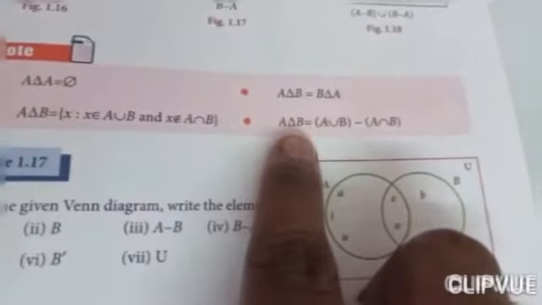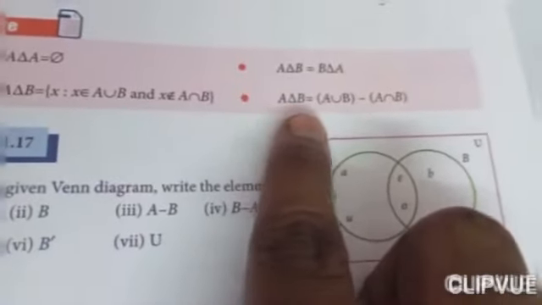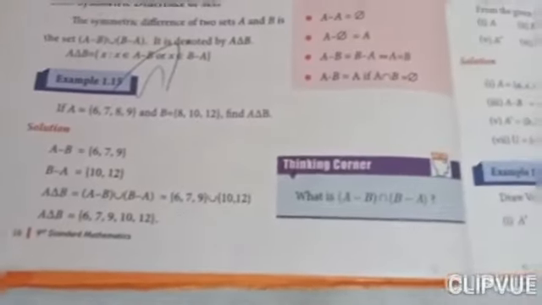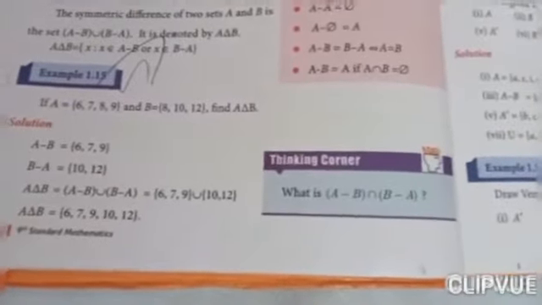That's how they give A symmetric B. This triangle represents symmetric difference. A symmetric B equals A difference B union B difference A. This represents A symmetric B. So please ignore the thing I showed before that.